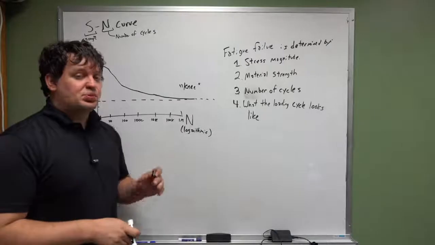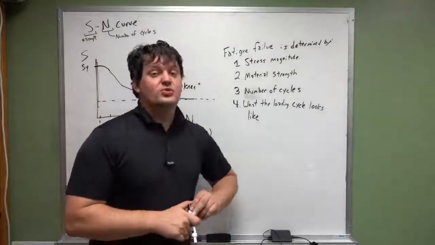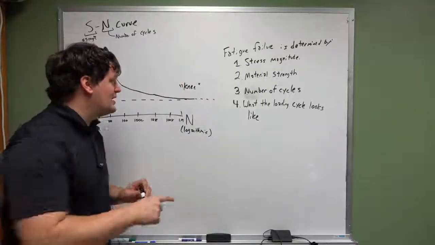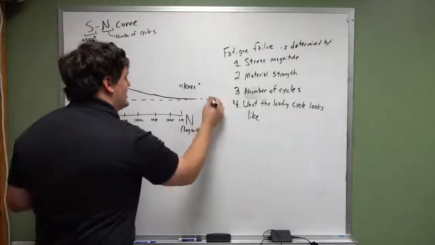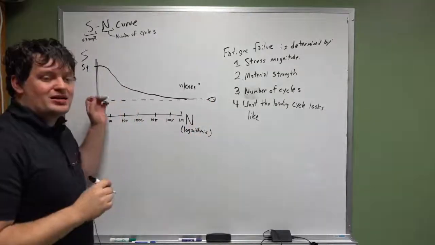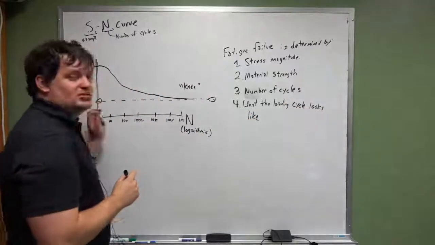And this principle for this SN curve can be really helpful, because if you want to design something to have an infinite lifespan, you want to design it to be somewhere with this strength value here, where you know no matter how many billions and billions of loads, you're always going to be able to handle that amount of strength.